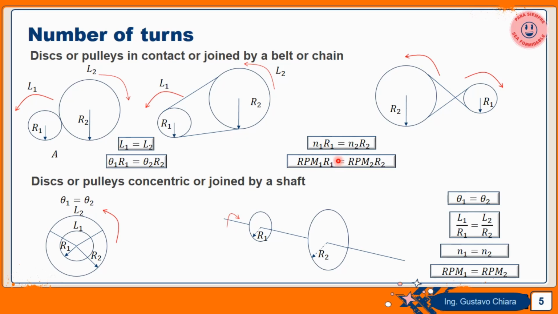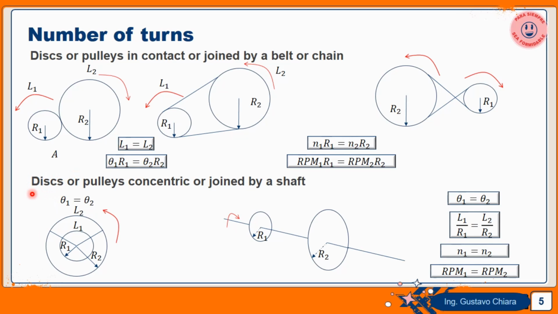Well, the last case is when discs or pulleys are concentric or joined by a shaft. In that case, remember that the sweep angle in both discs or pulleys is the same, and the length of arc traveled is different.